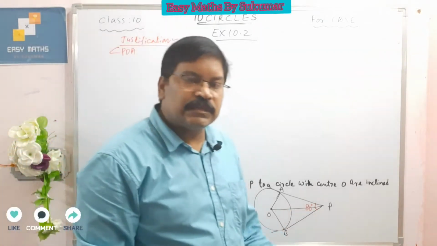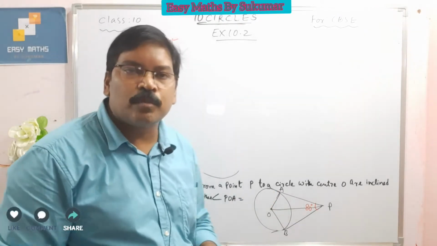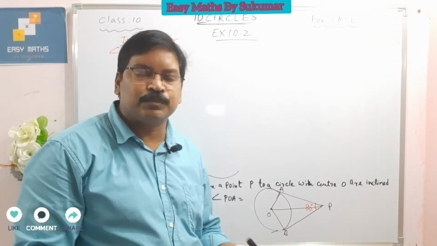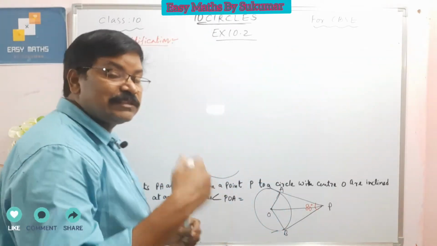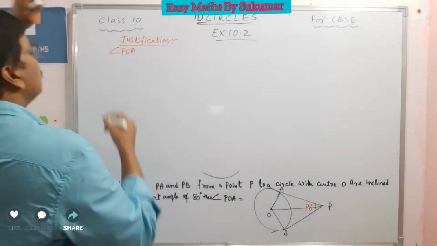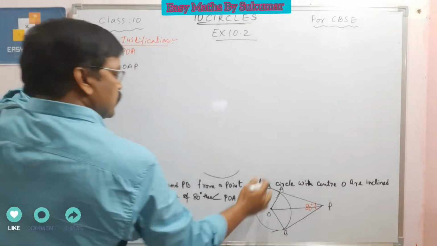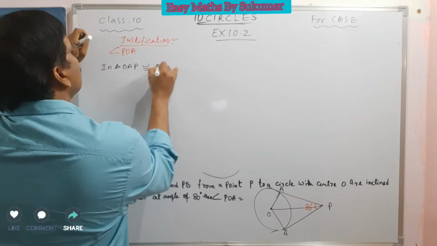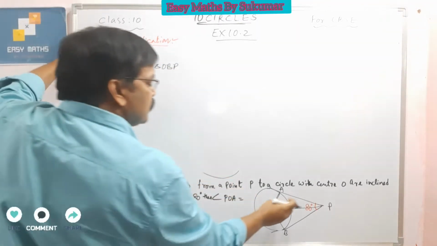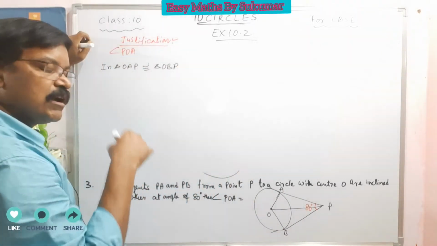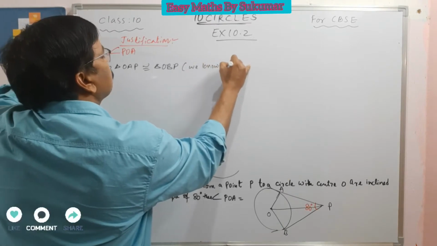See here, actually the triangle OAP and triangle OBP are congruent to each other. We already proved that for the tangents drawn from an external point of a circle, in theorem 10.2 we already proved there. That means triangle OAP is congruent to triangle OBP, and we know that already.